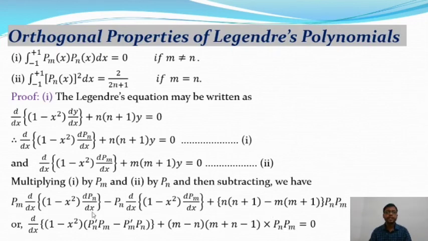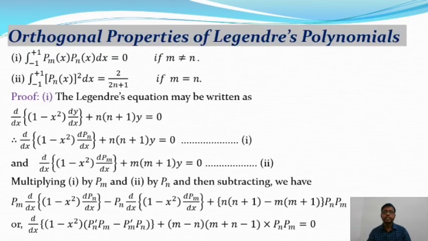After simplifying this equation, we get d/dx of (1 - x²)[Pn' Pm - Pm' Pn] equals (m - n)(m + n + 1) Pn Pm. After simplifying this, we get the next form.